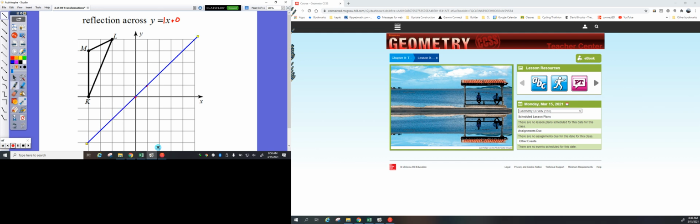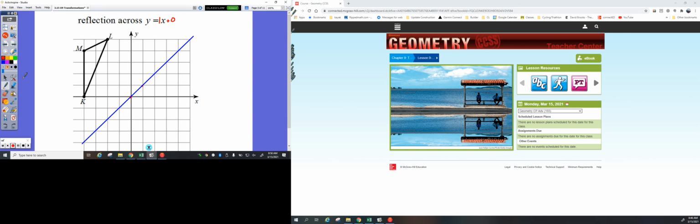Okay? Now here's how we're going to do this. This is a little bit different. Instead of going the number of boxes to the line, the number of boxes over here, you can't do that, it's diagonal. You're going to do this. If L, we're going to do horizontal and vertical. So L is 1, 2, 3, 4, 5, 6, 7. So L prime is 1, 2, 3, 4, 5, 6, 7. This is L prime. Does that make sense?